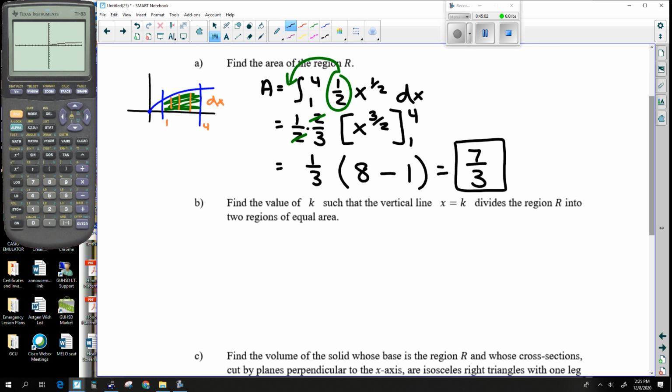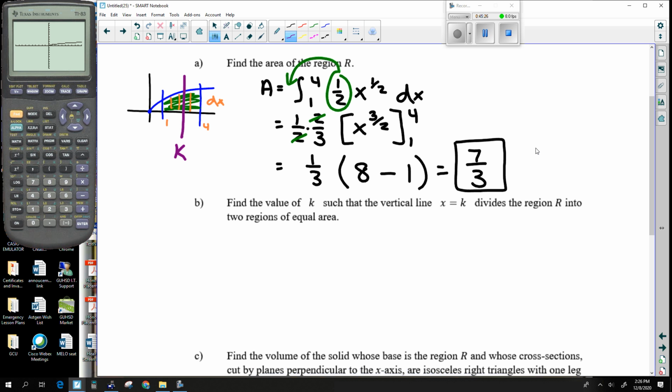All right, so now find a value of k that divides the region into 2 equal areas. There is a k somewhere between 1 and 4 where this area is split in half. So half of this area is going to be 7/6.